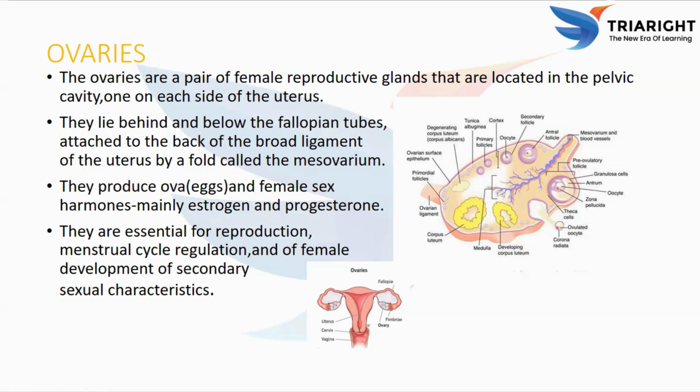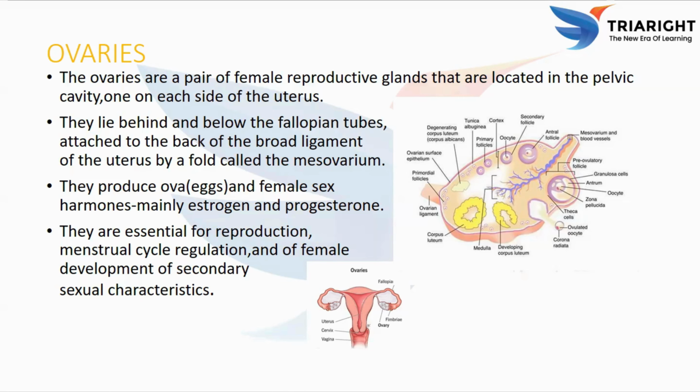And the internal structure: the ovary has two main layers. Here you can see the cortex is the outer layer, and behind it is the medulla, the inner layer. The cortex contains ovarian follicles in different stages of development, within the 30 days menstrual period.